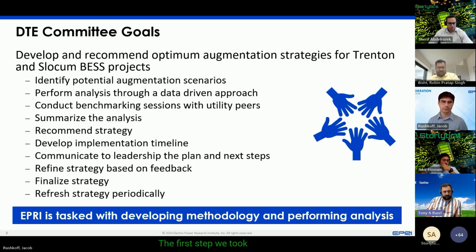The first step we took is identifying the different scenarios for augmentations. Then we contracted EPRI to evaluate these scenarios using a data-driven approach. We also conducted benchmarking sessions with our utility peers. We're looking to summarize the analysis, recommend the optimum strategy, develop the implementation timeline, issue the recommendation to leadership, get some feedback, refine our strategy, and finalize.